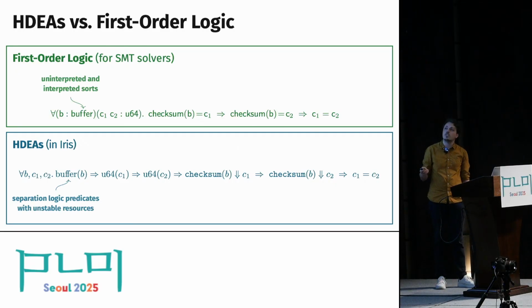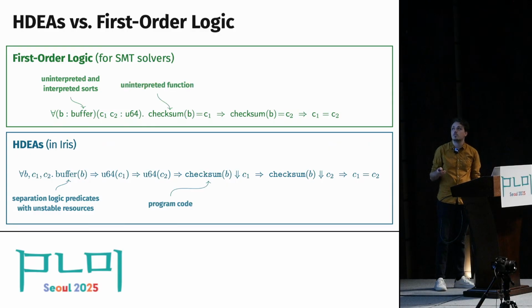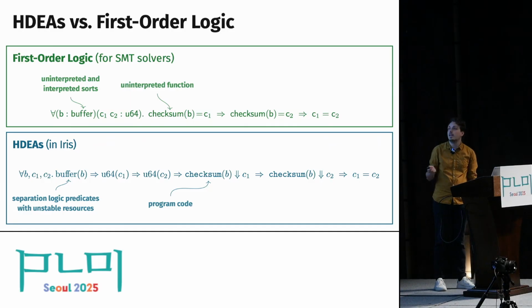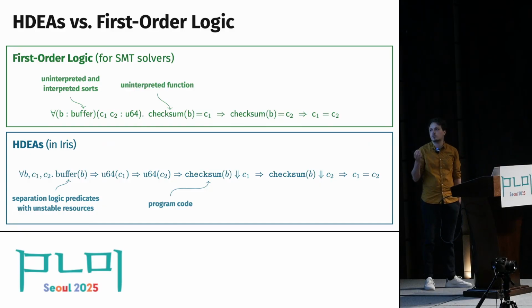In first-order logic, we have uninterpreted and interpreted sorts. In heap-dependent expression assertions, on the other hand, we have separation logic predicates with unstable resources. In first-order logic, we reason about things like uninterpreted functions. In heap-dependent expression assertions, that is the program code itself. That's the whole point of having the program code at the assertion level.